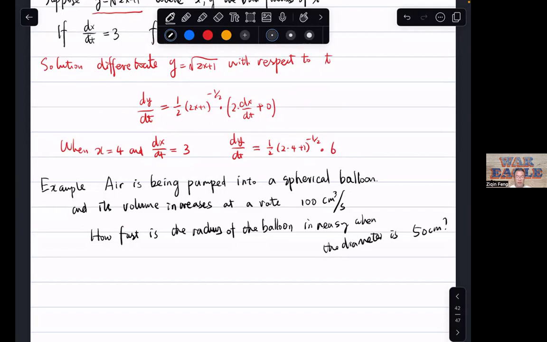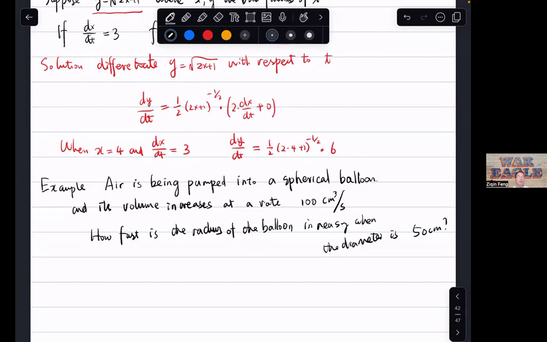So this is the problem. We are given a spherical balloon. We pump air into the balloon. The rate of change of the air going in is 100 cubic centimeters per second, and so the balloon is getting bigger and bigger.